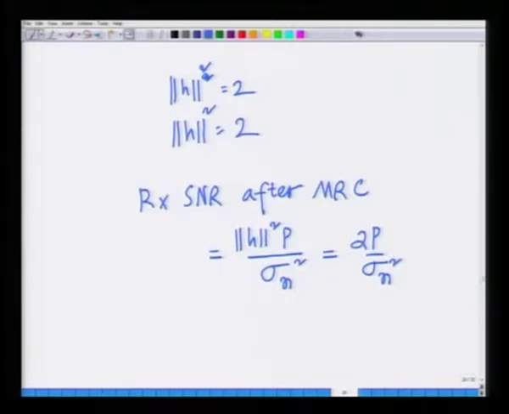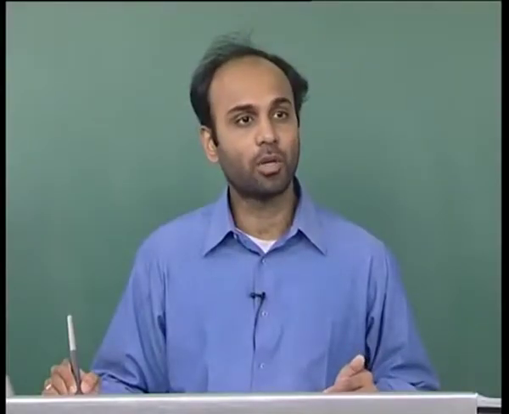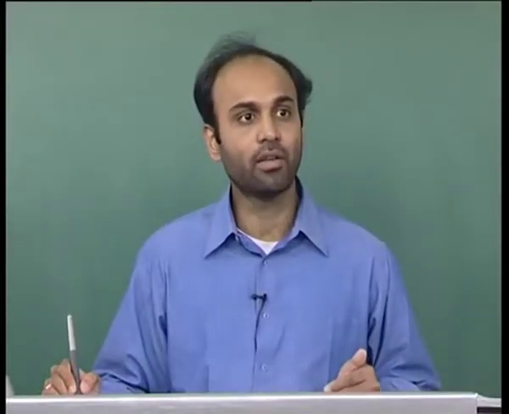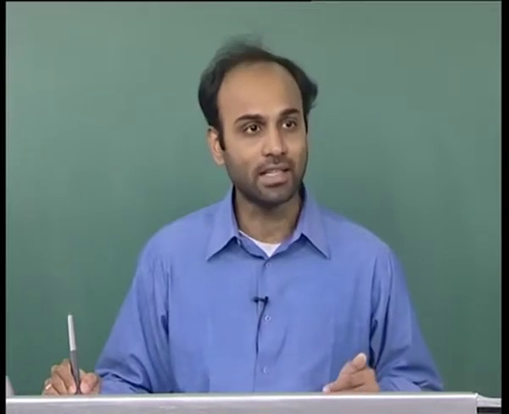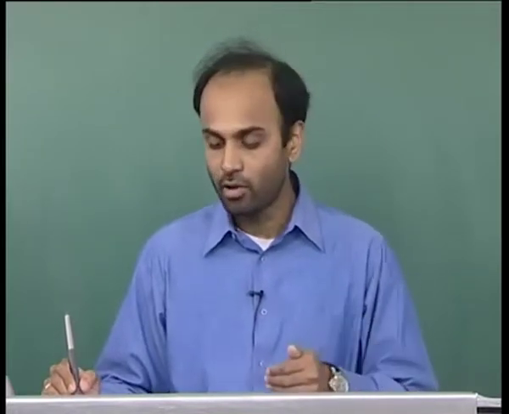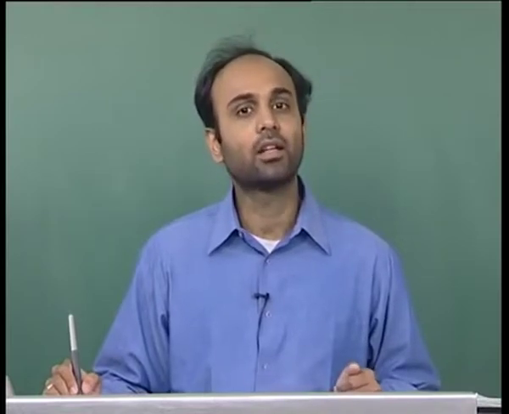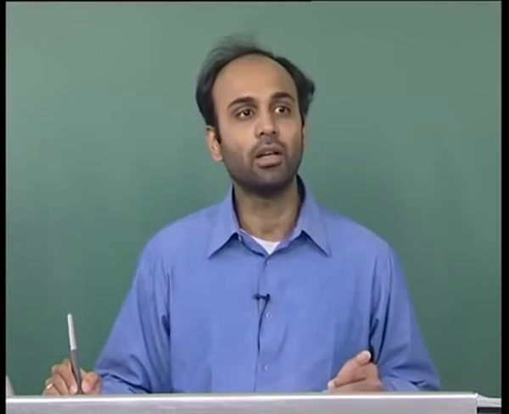All right. So, for this example with two receive antennas, we have derived the optimal maximal ratio combiner, the maximal ratio combining statistic at the output of the receiver, and the SNR at the output of the maximal ratio combining receiver.